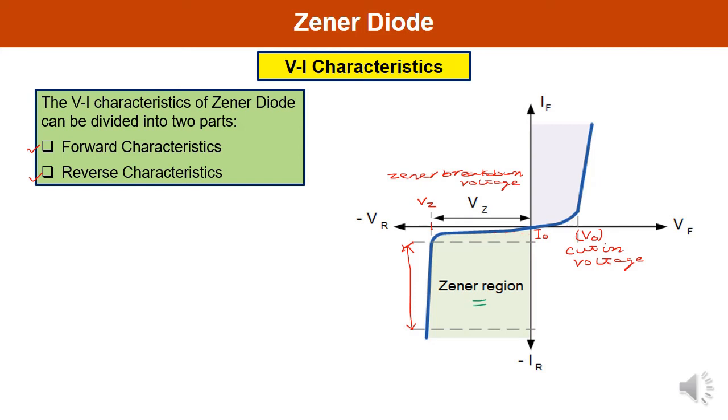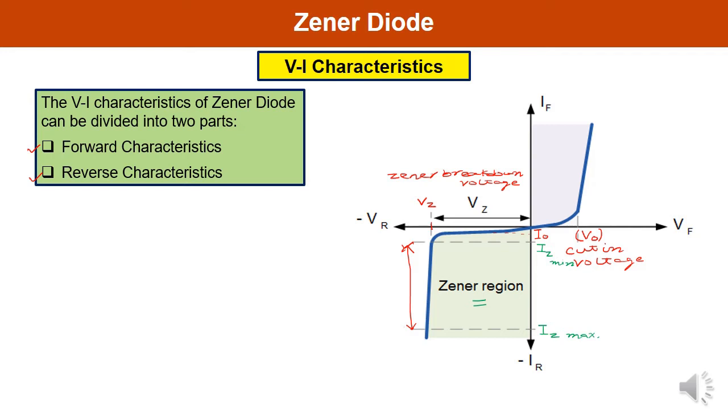here now the current is represented as what? This is IZ minimum value. This is IZ minimum, and this particular value is IZ maximum value, and this is the Zener region, as I have told you.